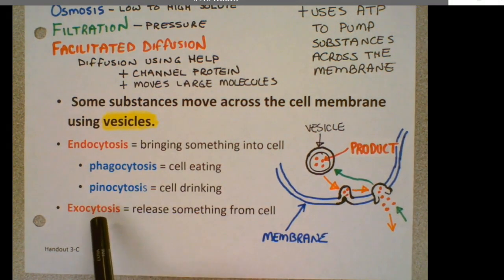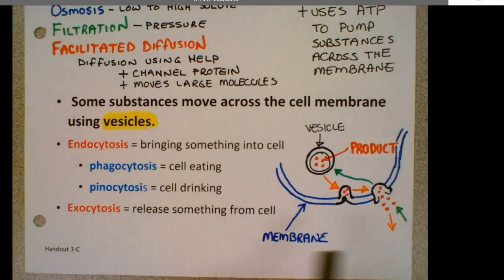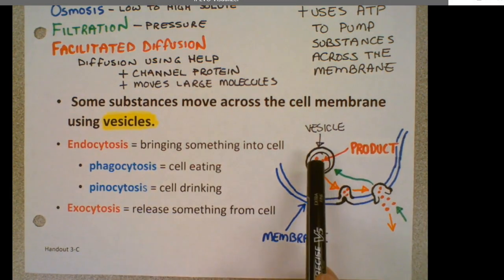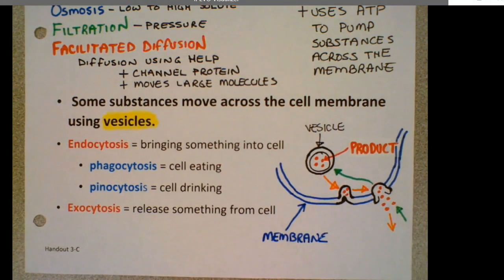That process is called exocytosis. And this is commonly done when a cell makes a product like oil, sweat, milk, or a hormone or other enzyme. We release that through exocytosis.